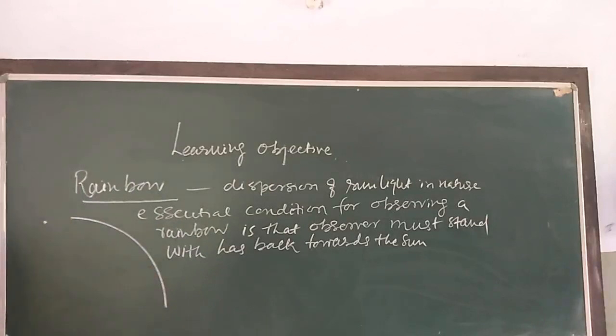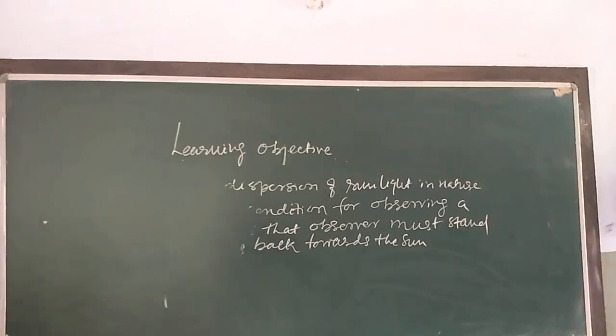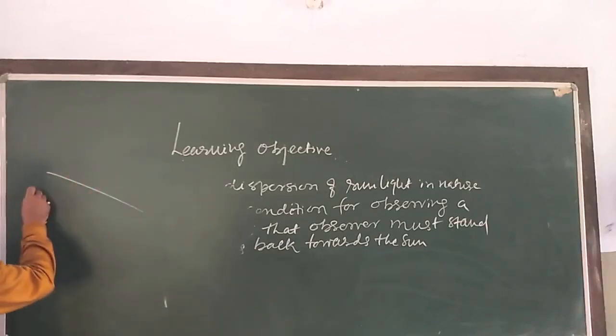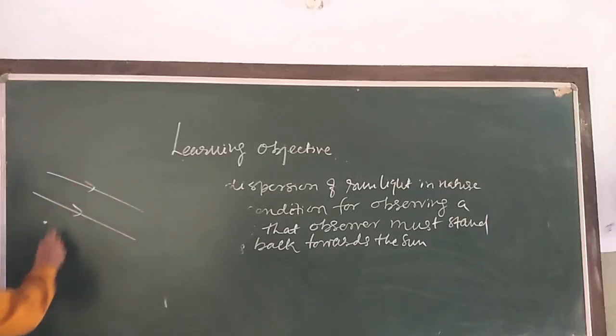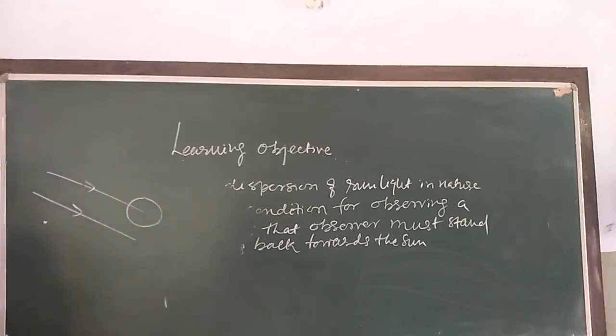During and after a shower, a large number of small droplets, मैं बना रहा हूं यहाँ पर ये फिगर. Just see the figure here, rays from the sun are falling from here. Here are the rays from the sun, suppose falling on the raindrop.